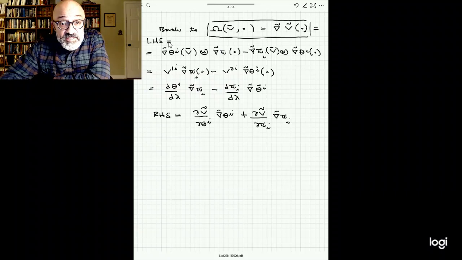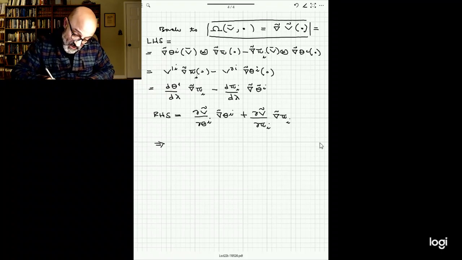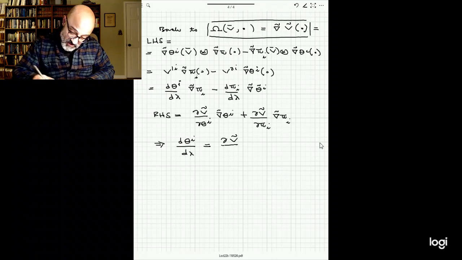So what we have here is a covector on the left-hand side and a covector on the right-hand side. The left-hand side is expanded in terms of the basis covectors, and so is the right-hand side. Let's equate the coefficient of the gradient of pi. What we have is that d theta I over d lambda is equal to dV over d pi.